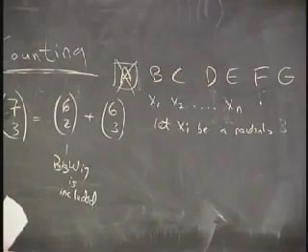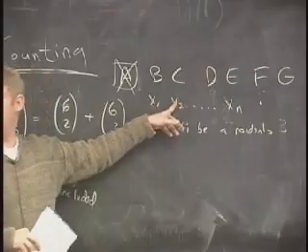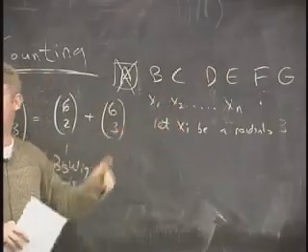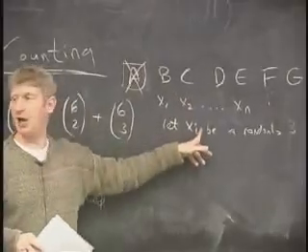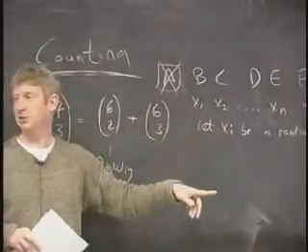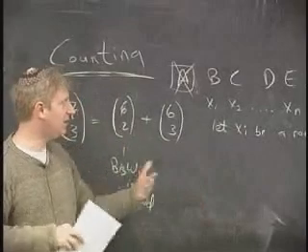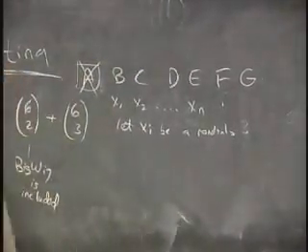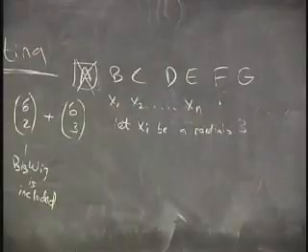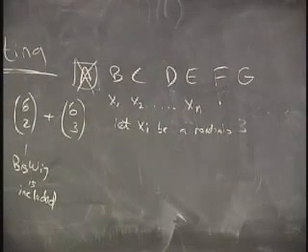Then I claim the number of ways to choose k things from here is divided into 2 subsets: the subset that contains xi and the subset that doesn't contain xi. The subset that contains xi, how many ways are there to do that? There are n minus 1 things left, and I have to choose k of them.